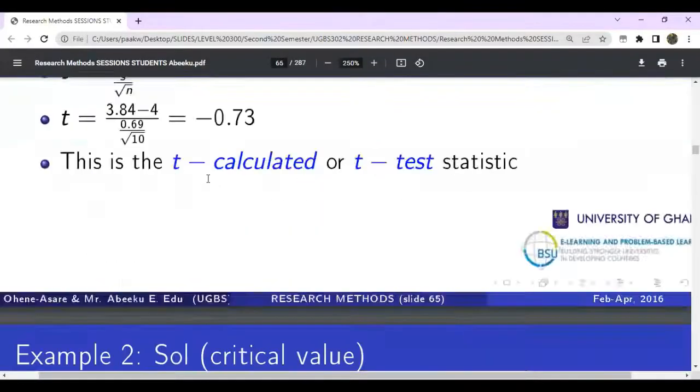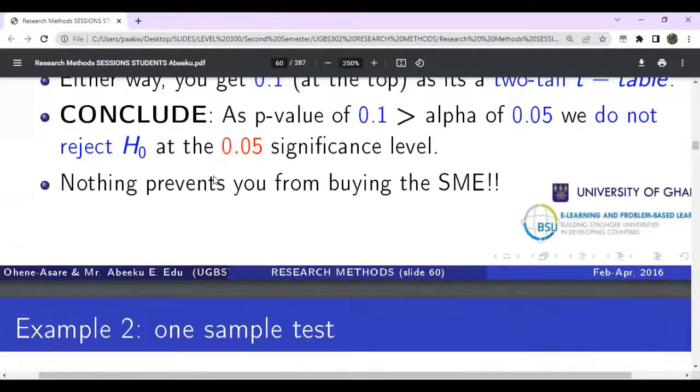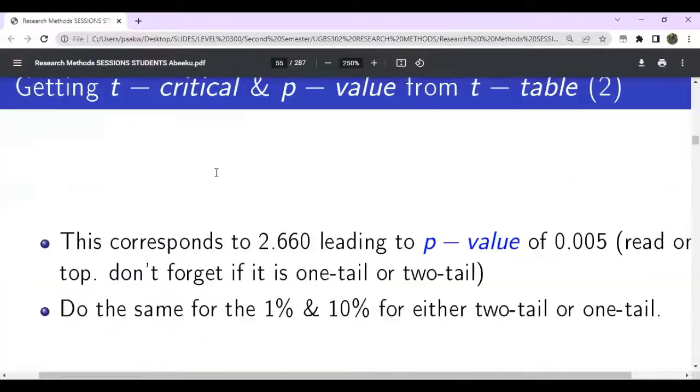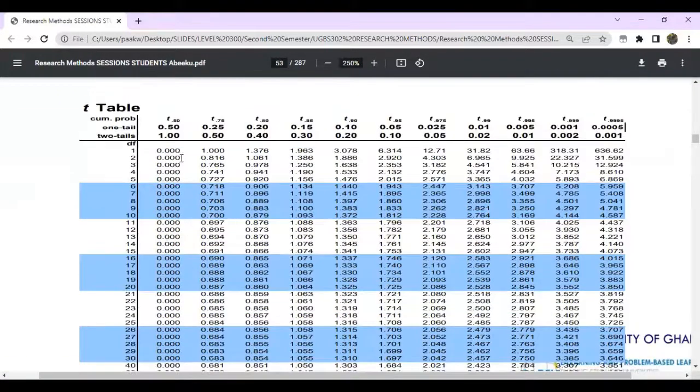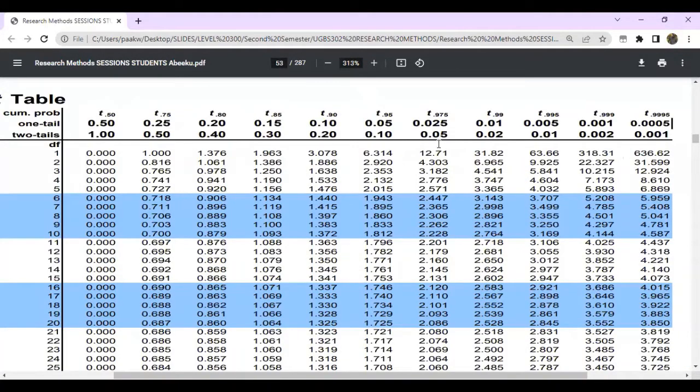In the slides. Okay, can you see the table? Yeah. So we are looking for 19 and 0.01. This one is a one tail test.